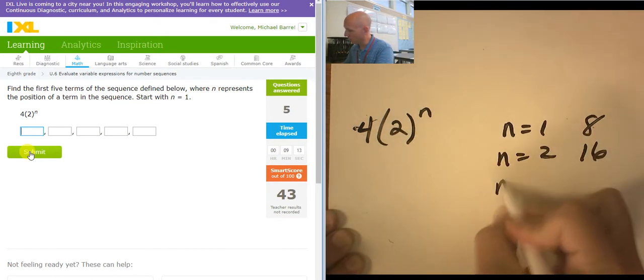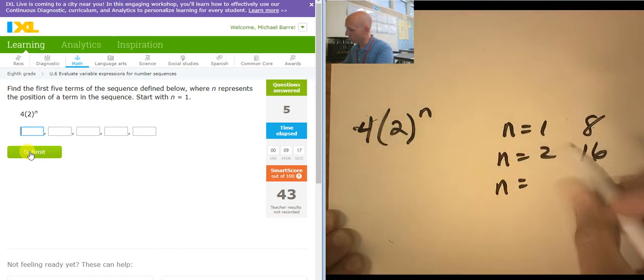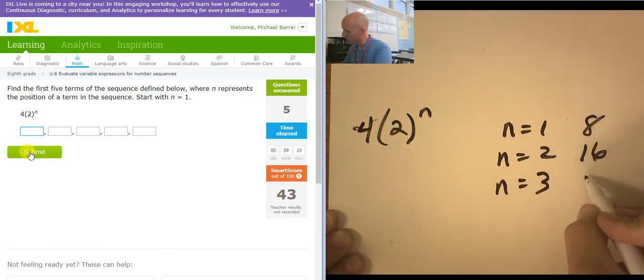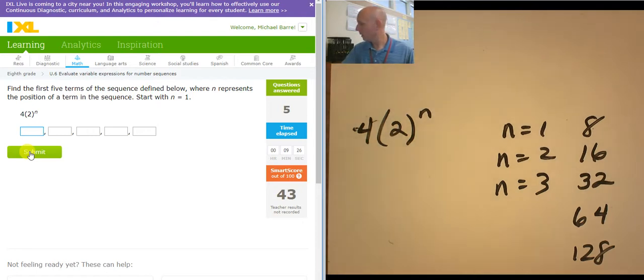We got a doubling going on here. 2 to the third is 8, times 4 is 32, then 64, 128. So 8, 16, 32, 64, 128. Terrific.